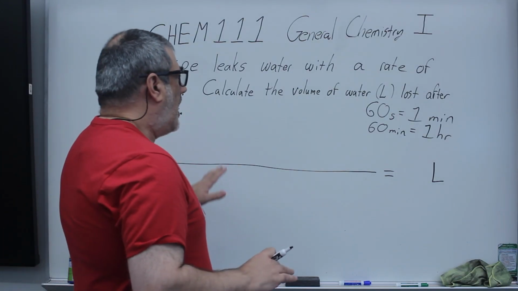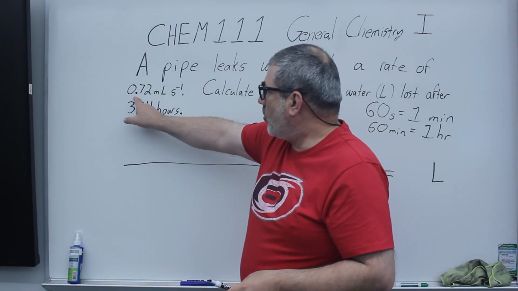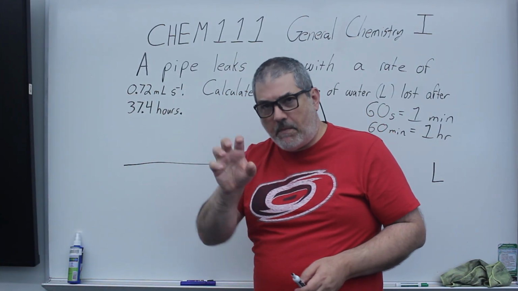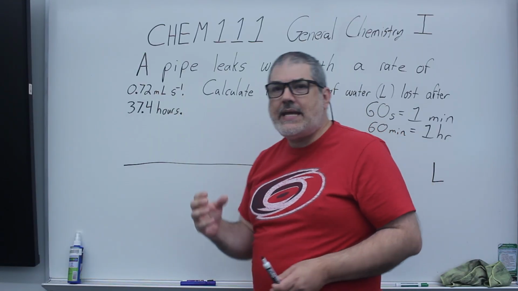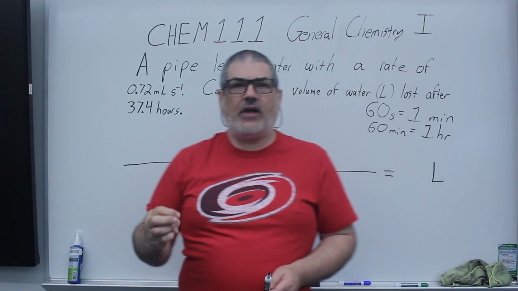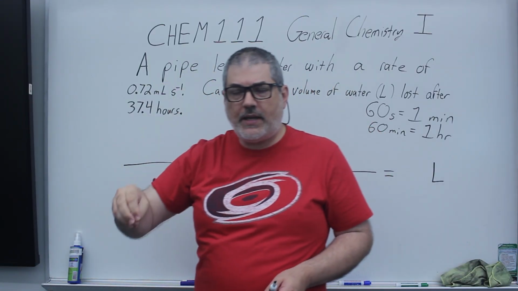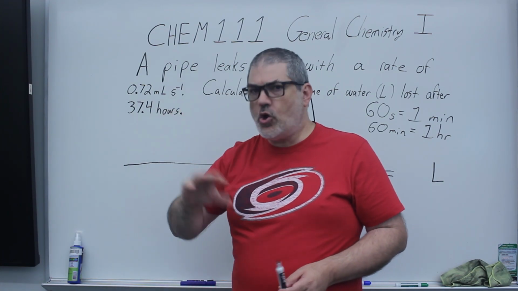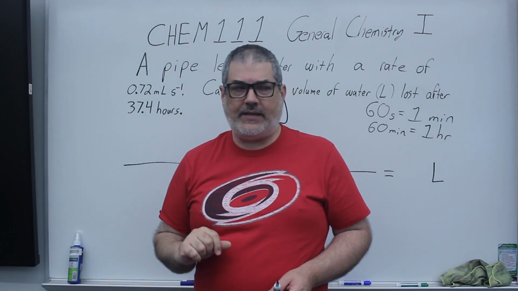Okay? How do we start? Now, the rate that we're looking at might seem like the logical place to start, but this rate, you can think of it as a constant in this particular problem. That's our pipe dripping, and no matter how long we wait, it's going to be dripping at that rate.